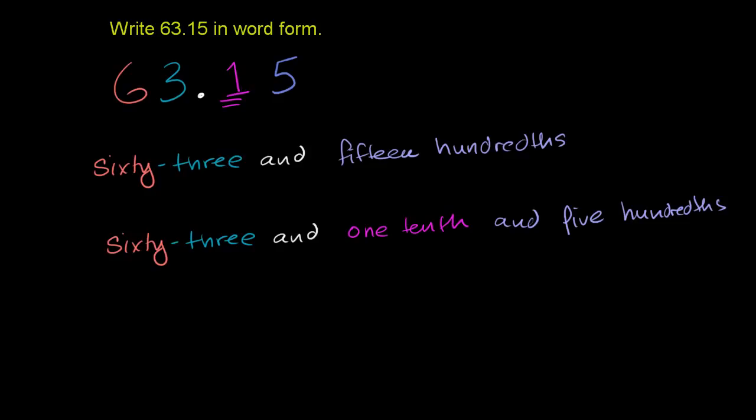This right here, not to beat a dead horse, this is 1/10 right here, and this is 5/100ths. If you were to add 1/10 plus 5/100ths, how would you do it?